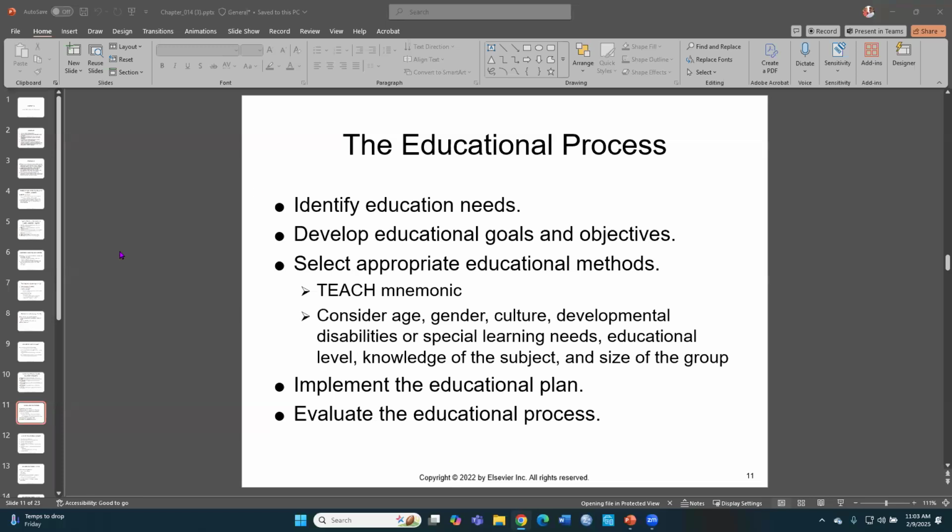And then we're going to implement our education plan, whatever the decision was, what type of education plan that we are going to do. We can do games, other materials, things that, again, we're going to incorporate all three learning styles so that we can get the best result from the education that we're providing.